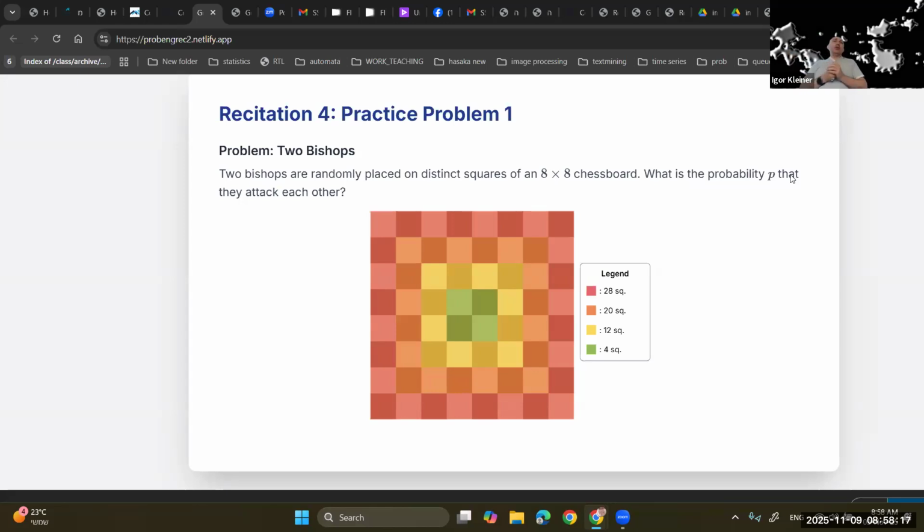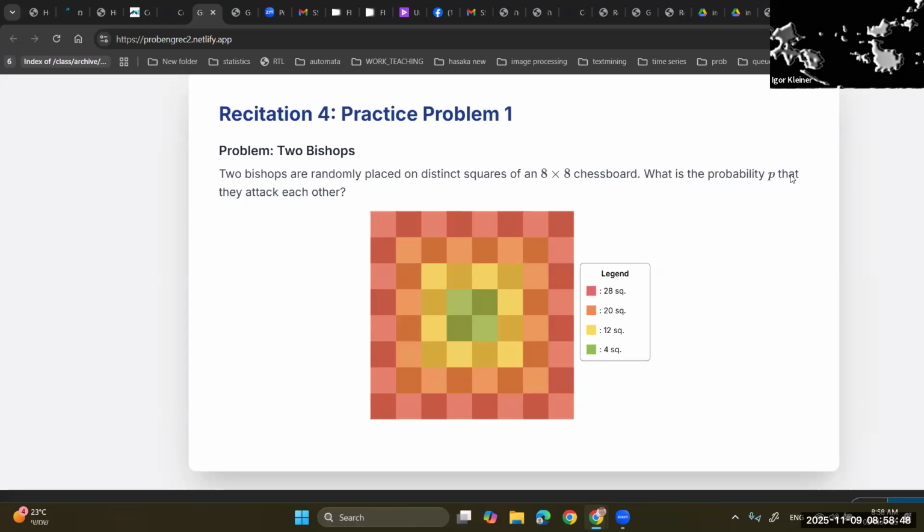And now we can use slowly the formula of total probability. So let's try to use it together. Let's denote by P the probability that they attack each other. By the formula of total probability, P equals P of A given the first bishop stays on one of these points, H1, times probability of H1. We need to find it.